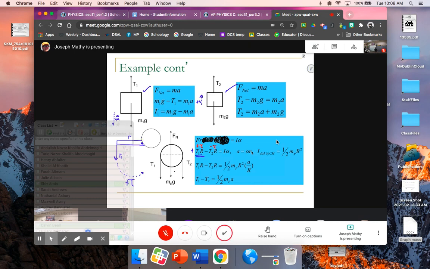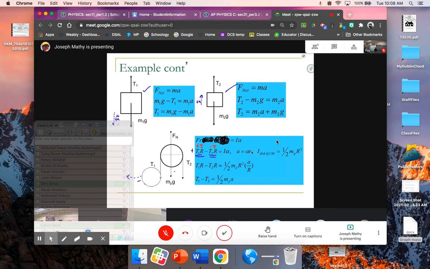This T2, here's my axis of rotation now. Look at this. This is a T2 right here at an R. Well, if left on its own, that would cause it to rotate that way. That's a negative torque, which is T times R. So we're going to represent that with a negative over here.